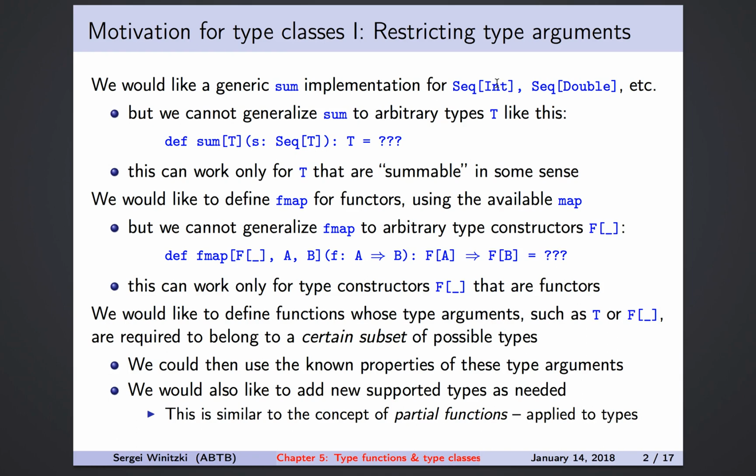So integer, double, maybe a library will define this property for the type t, but we want to add new ones later. So we want it to be extensible. So this is our goal.